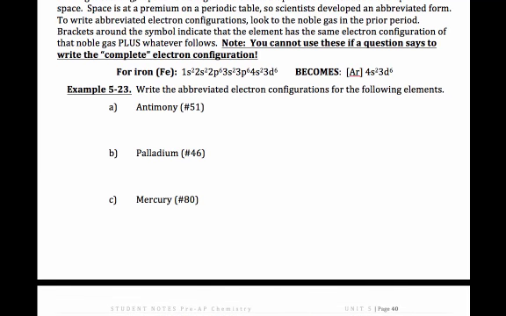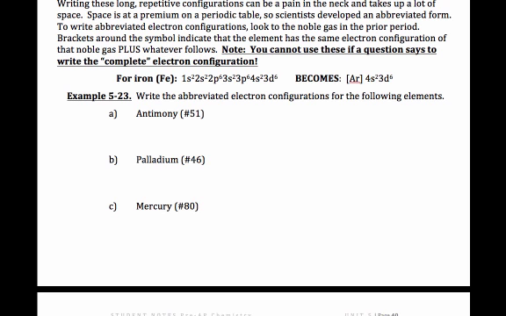All right, let's look at abbreviated. You won't be able to do too many abbreviated because if we're asking you a question on how to do electron configuration, we want to make sure you know how to do the whole thing. But here's how you would do an abbreviated. What you do is you go to the previous noble gas. We're not talking about when we do ions going to the nearest. With this, you always go to the previous noble gas, and then you pick up the trip from there.